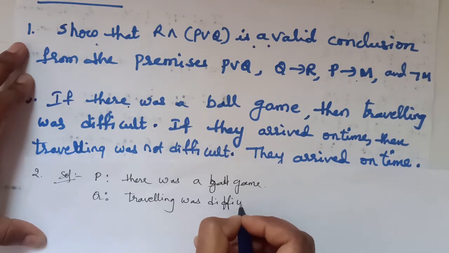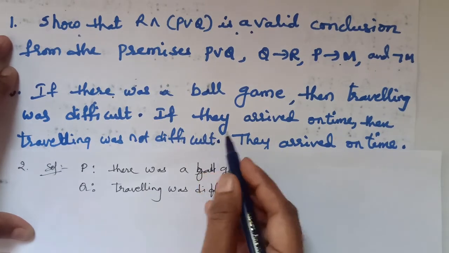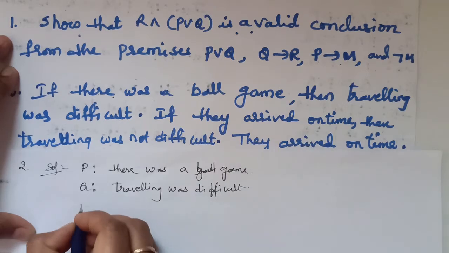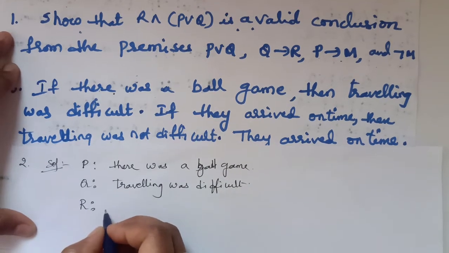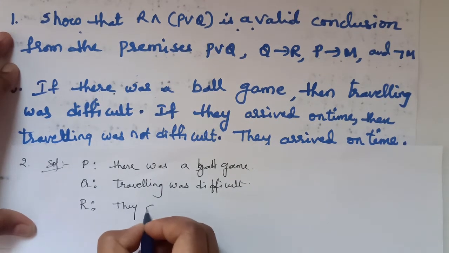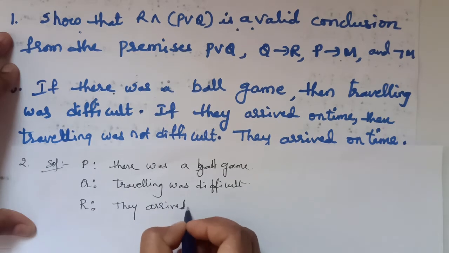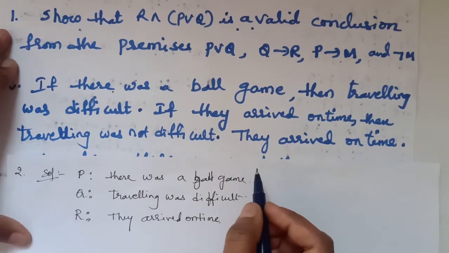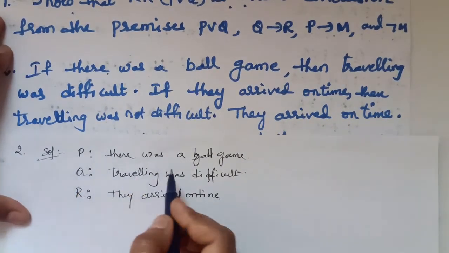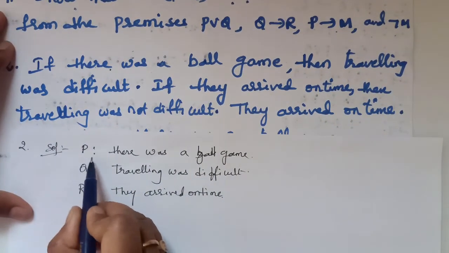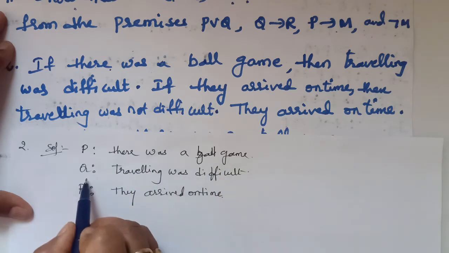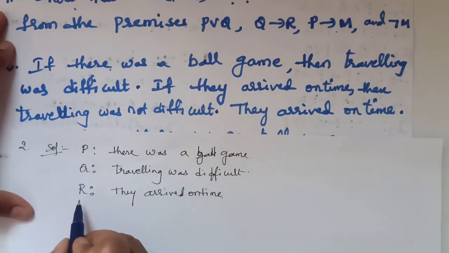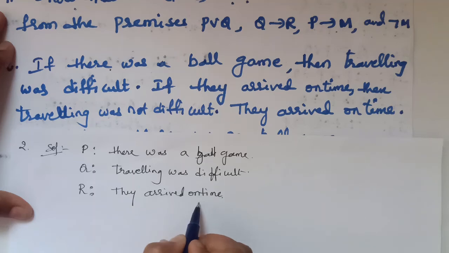Next, if they arrived on time, you should define another proposition R: they arrived on time. Then traveling was not difficult. So I have defined P as there was a ball game, Q as traveling was difficult, and R as they arrived on time.